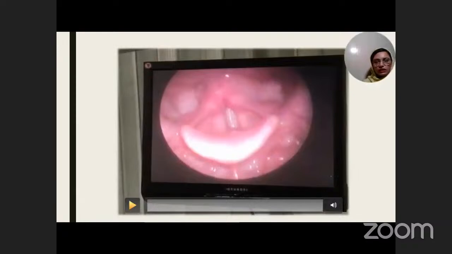As in the picture, we can see that both vocal cords are adducted and they are not able to open during respiration. Tracheostomy was done to secure the airway, and then we did laser chordotomy in this patient. Here is a video showing laser chordotomy.